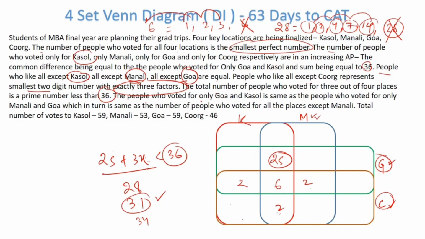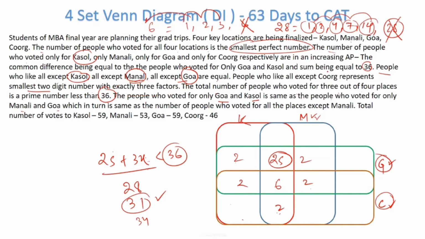Now the people who voted only for Goa and Kasol is same as the people who voted for only Manali and Goa. Only Goa and Kasol is this, only Manali and Goa is this. Is same as the number of people who voted for all the places except Manali. All places except Manali is this, right? So these are also 2 and 2.